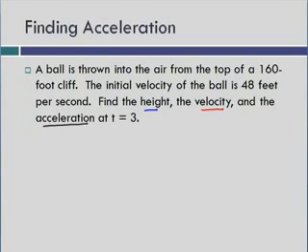And we want the position function. So we could say the height of it, and I want to make sure it's in blue, is equal to negative 16t squared. The initial velocity is 48, so I'm going to plug in that 48 for the v sub o.